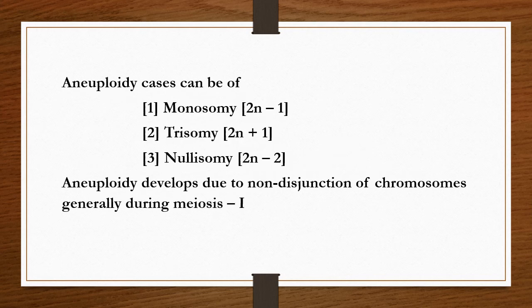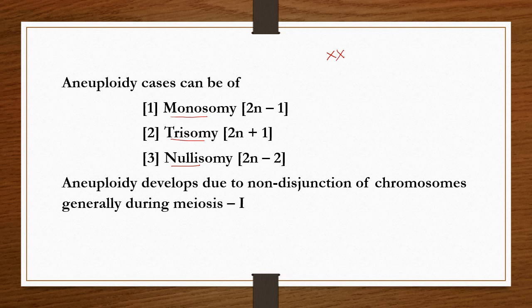Aneuploidy cases can be monosomy, trisomy, or nullisomy. Mono means single, so monosomy means 2n minus 1. In a diploid condition, for example XX, that is the 2n condition.